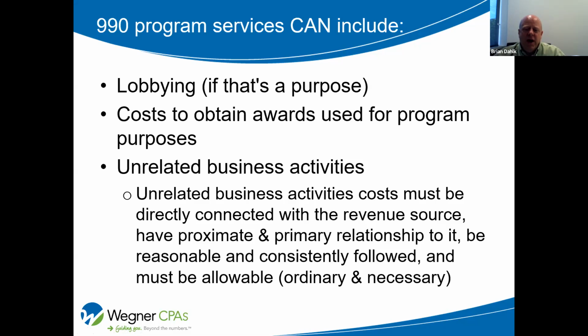So if there are unrelated business activities and unrelated business income taxes, those activities in some circumstances can be considered a program expense. So even though these might not be obvious program costs, the IRS does allow them to be considered program expenses for 990 purposes in some circumstances.